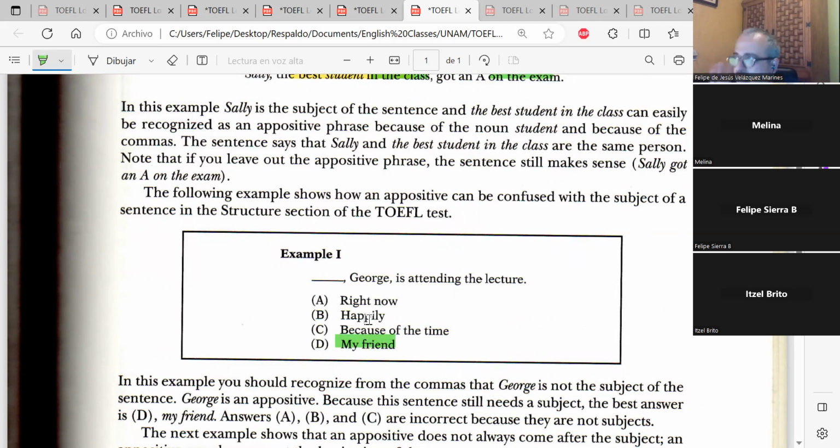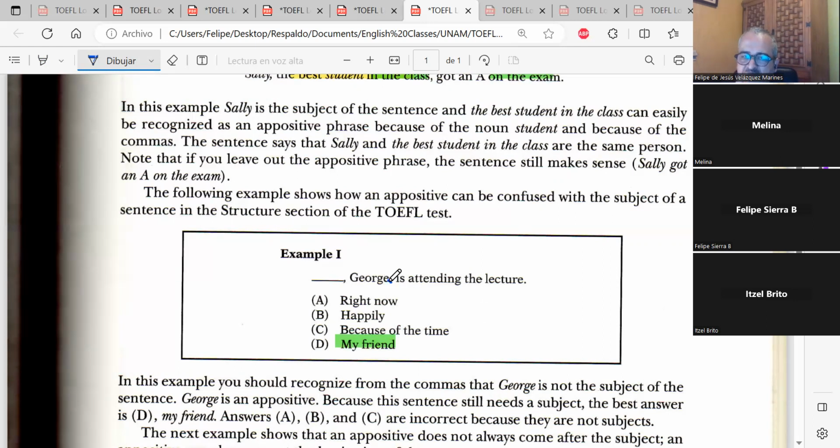What I always tell students: what would happen if I eliminated this comma? "My friend George is attending the lecture." Does the structure change? There is no appositive, of course. It's only the subject. With "My friend, George, is attending the lecture," George is an appositive.